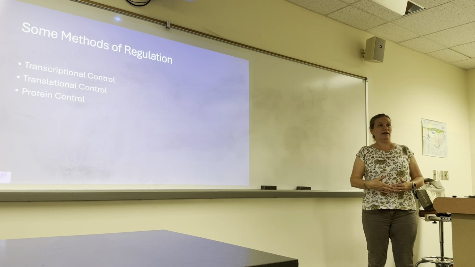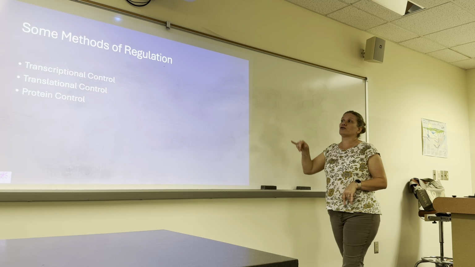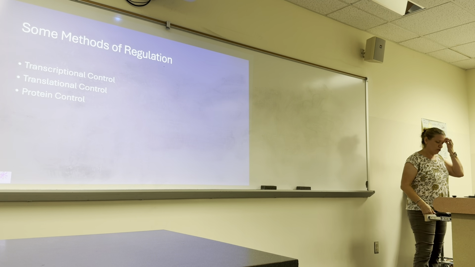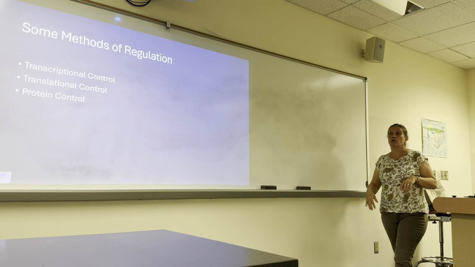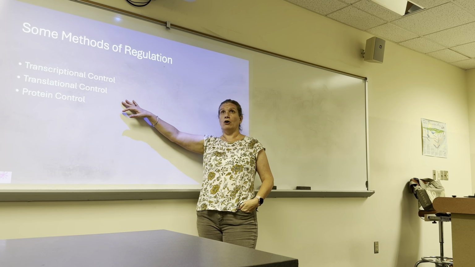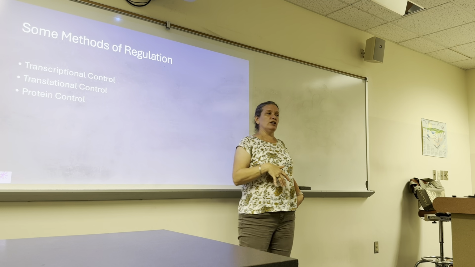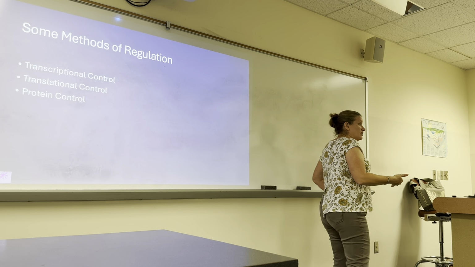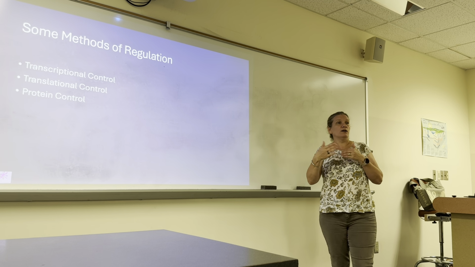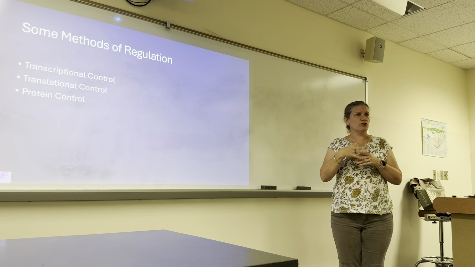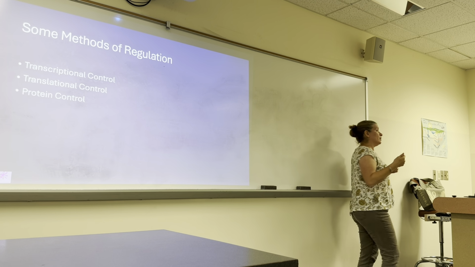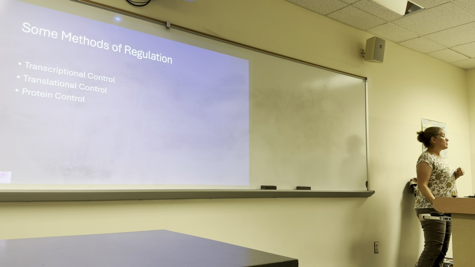You stop right at the beginning. So transcriptional control is the preferable way as compared to translational control. Translational control is through things such as regulatory RNA that will interact with the messenger RNA, making it double-stranded, and therefore the ribosome can't bind to it. Those are things that can happen with translational control.